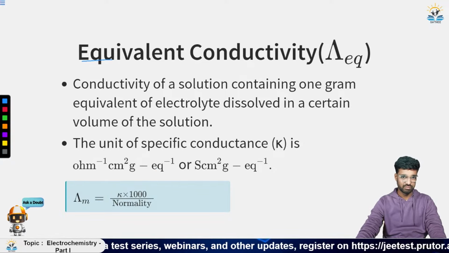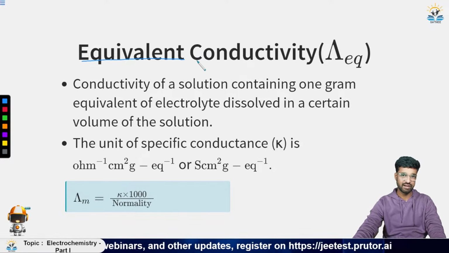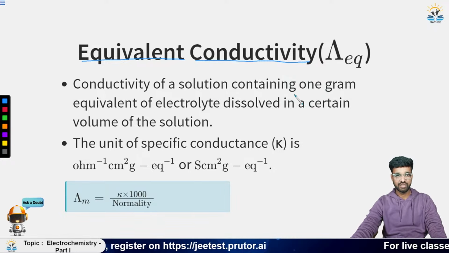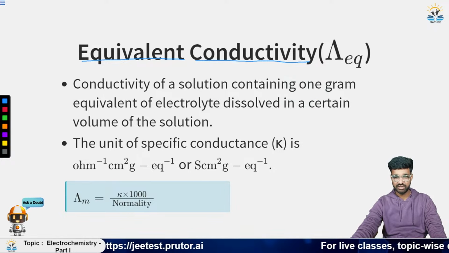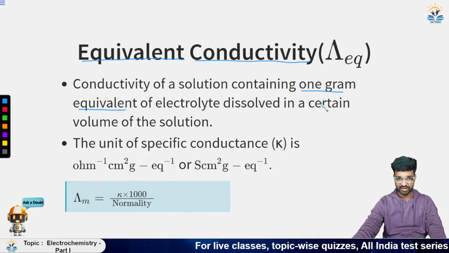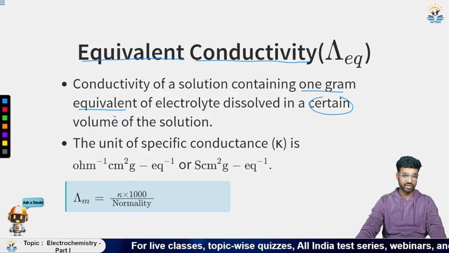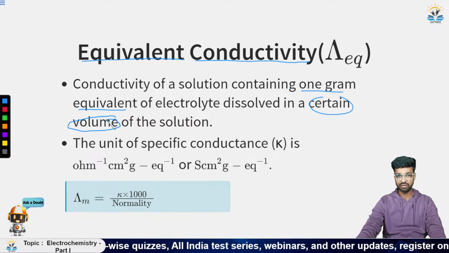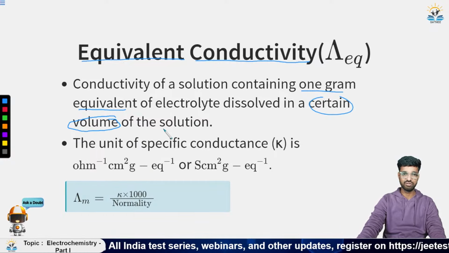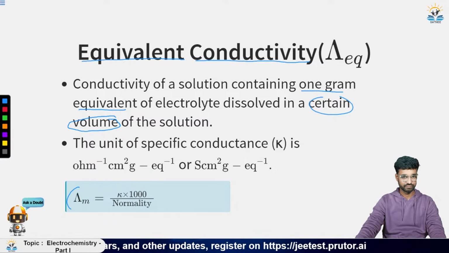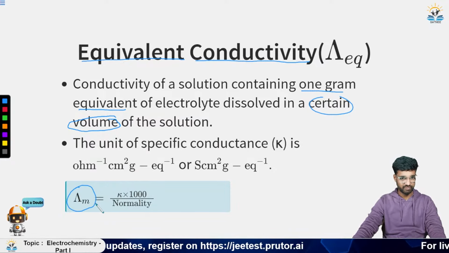Now similar to molar conductivity, we have equivalent conductivity. The only difference is that here we are considering 1 gram equivalent of the electrolyte, and not defining the volume again. So we are taking an arbitrary volume, dissolving 1 gram equivalent of electrolyte in that solution, and then calculating this lambda. That will be called lambda equivalent.